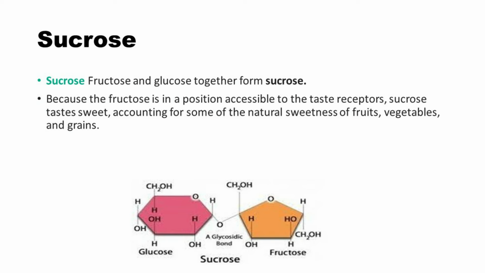Sucrose occurs naturally in sugarcane, sugar beets, sugar maple sap, dates, and honey. It is produced commercially in large amounts, especially from sugarcane and sugar beet.